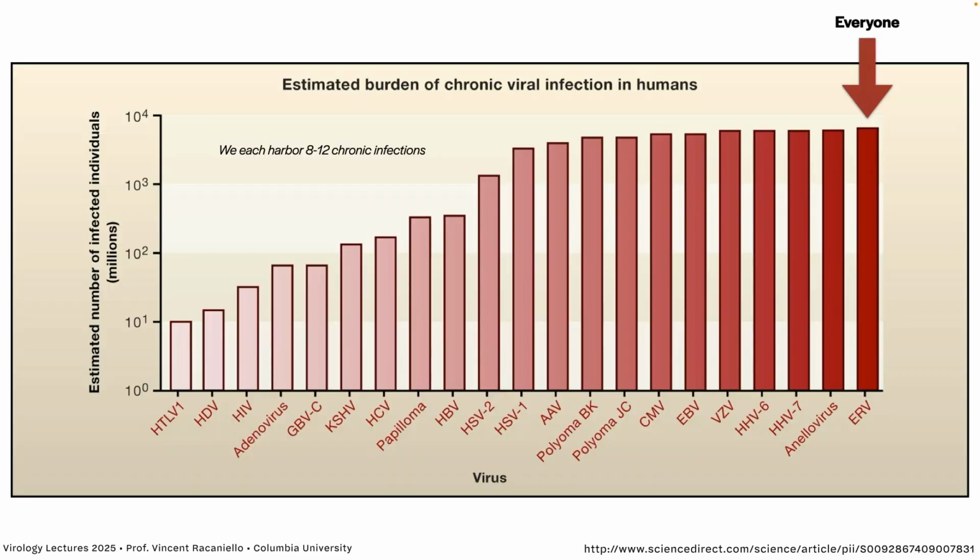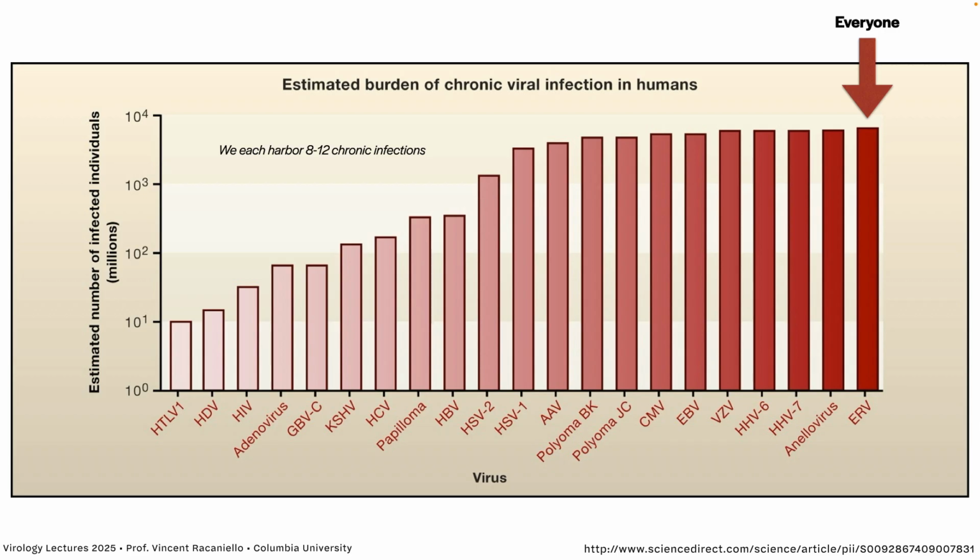I want to end with this slide, which really summarizes everything we've talked about today. This is the estimated burden of chronic viral infections in humans. So here are different viruses on the X, and this is millions of people. Everybody has endogenous retroviruses, okay? So that bar is everybody. And then we have lots of viruses that are close.